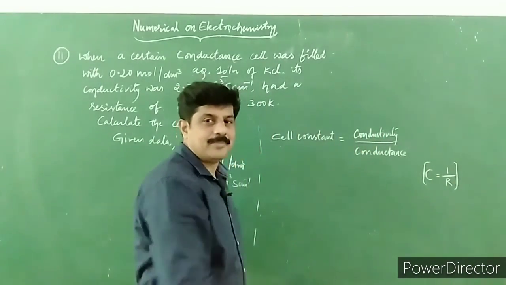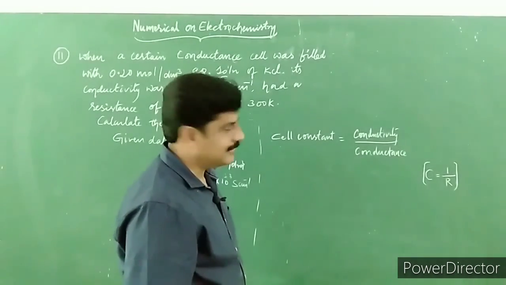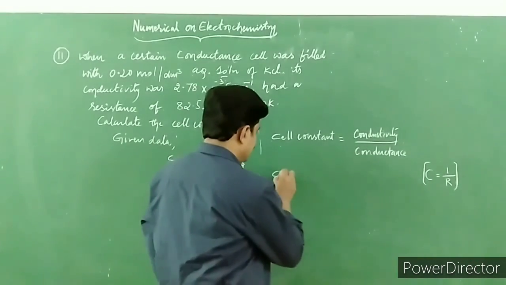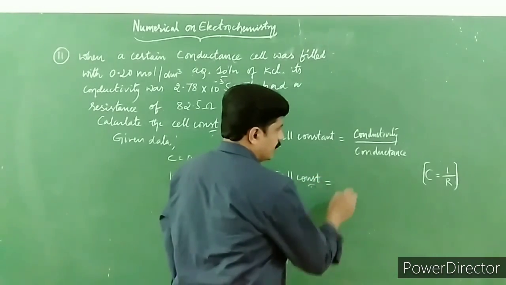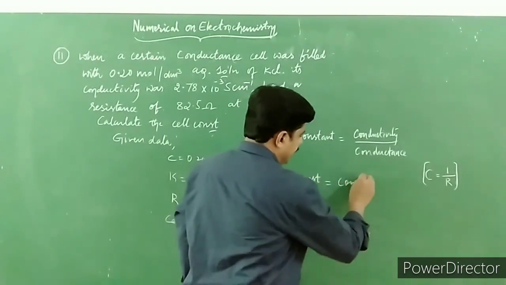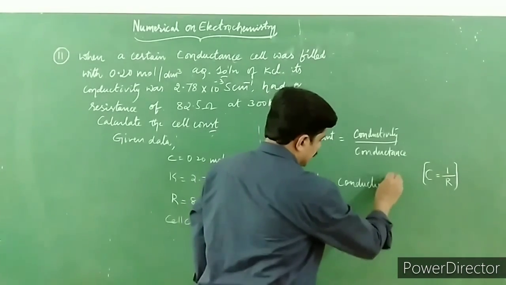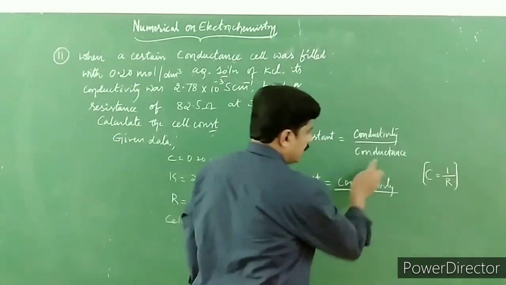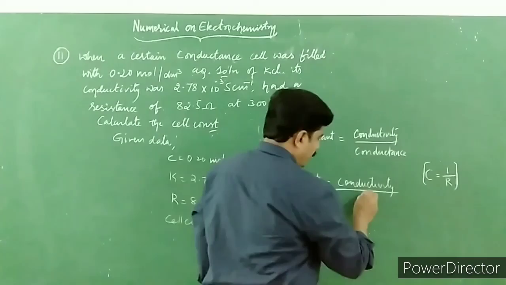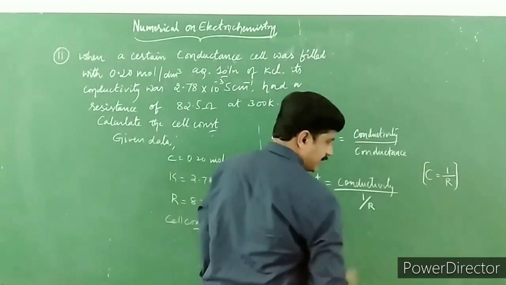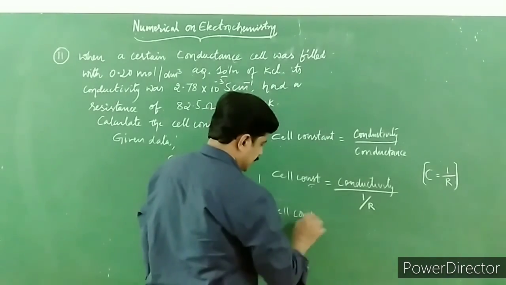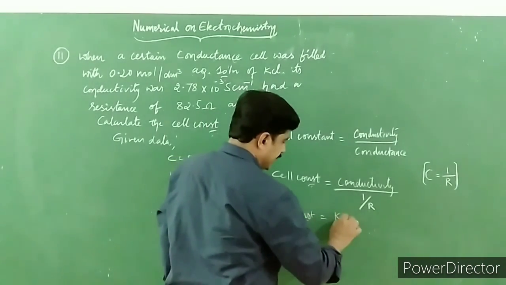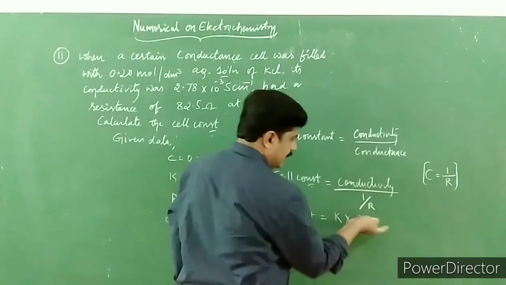You have already learnt about conductance and resistance, is it not? In that case, look at here. Cell constant is equal to conductivity upon conductance. What do I take? 1 by R, resistance. In that case, cell constant is equal to conductivity K into R, resistance.